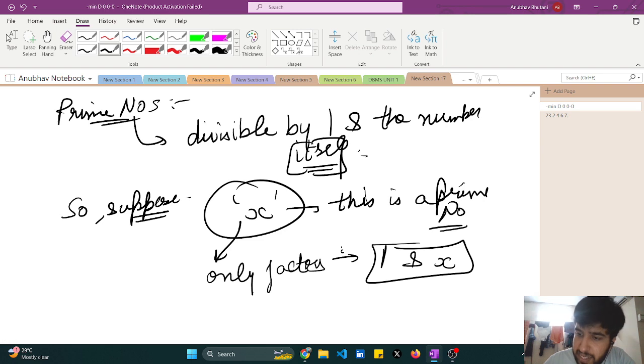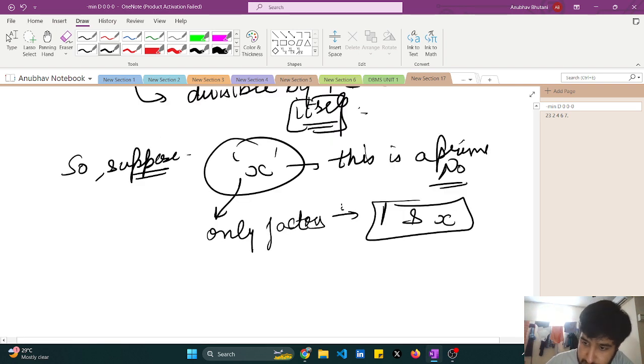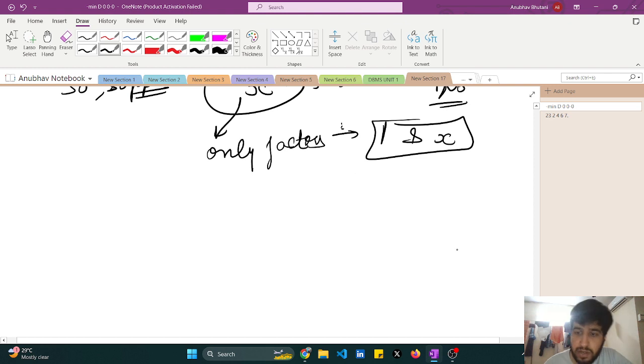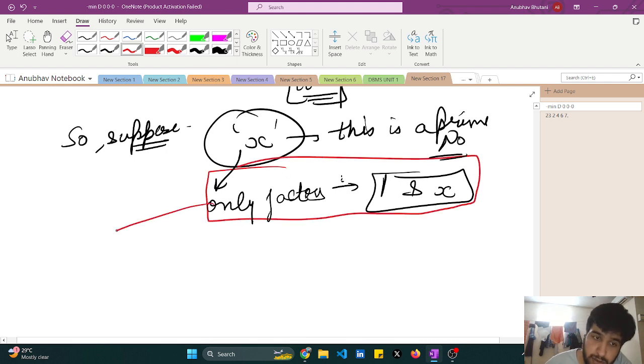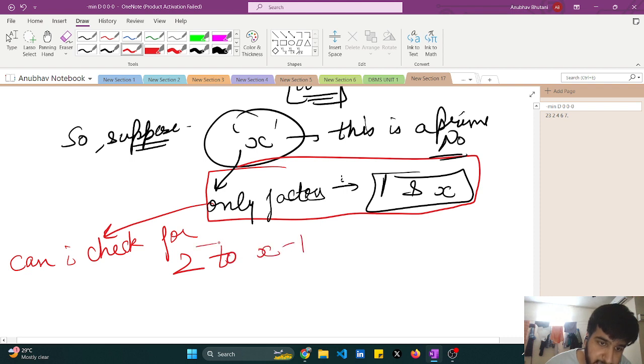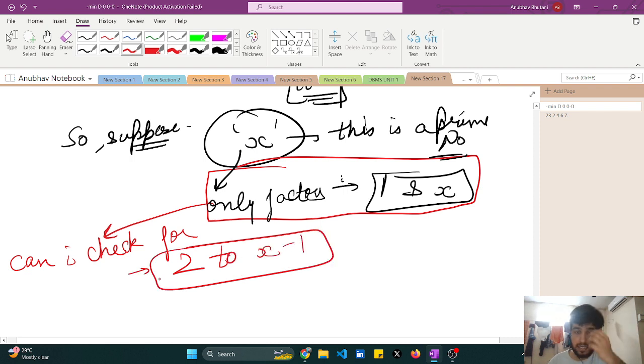But how can I check this condition by logic, by writing code? Can I check from 2 to x minus 1?